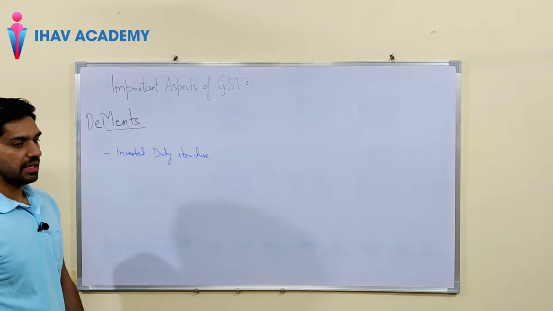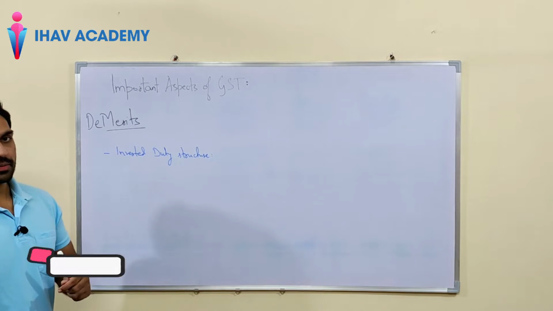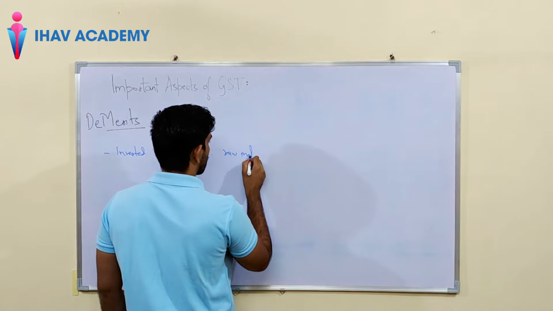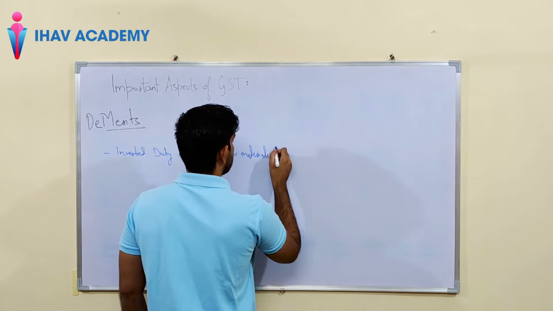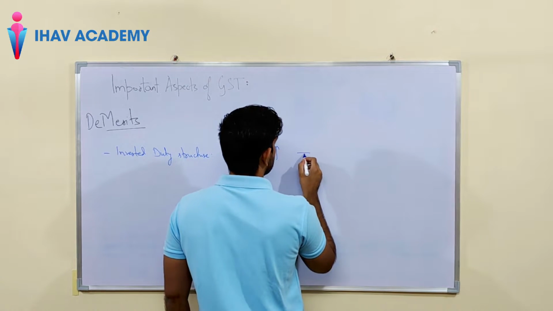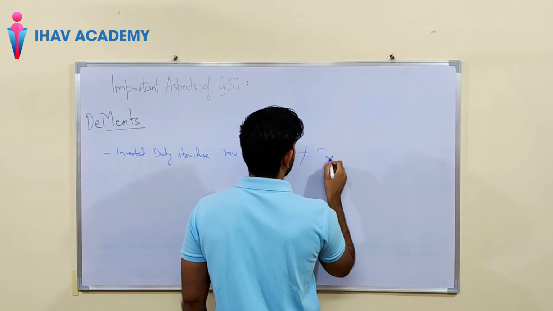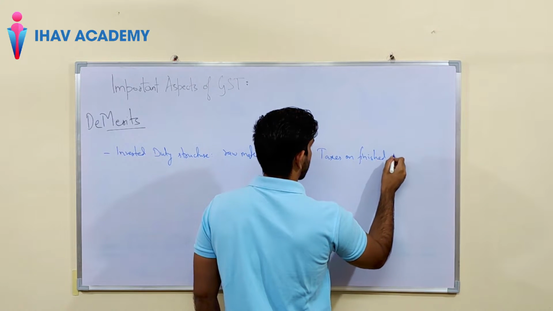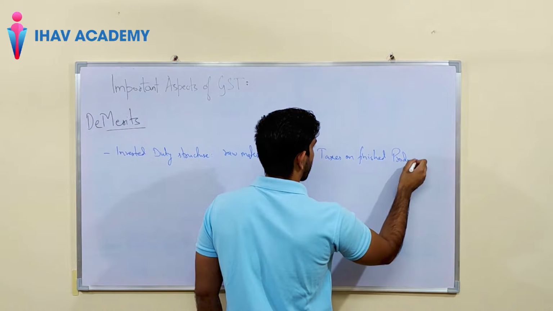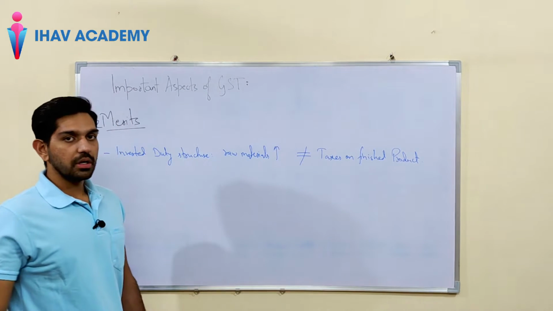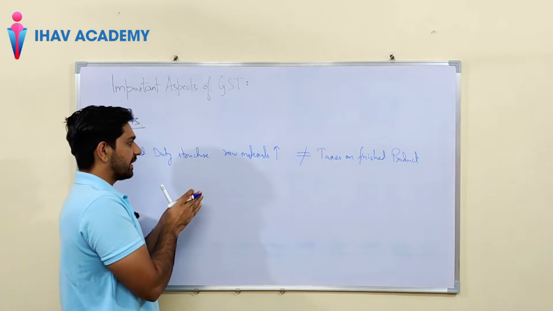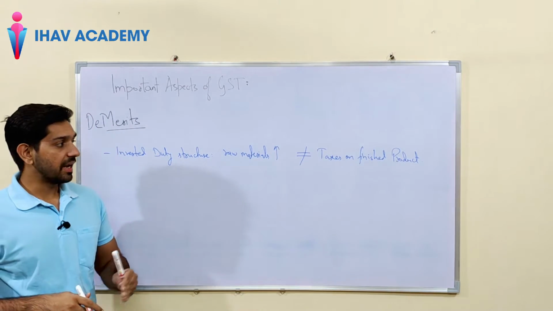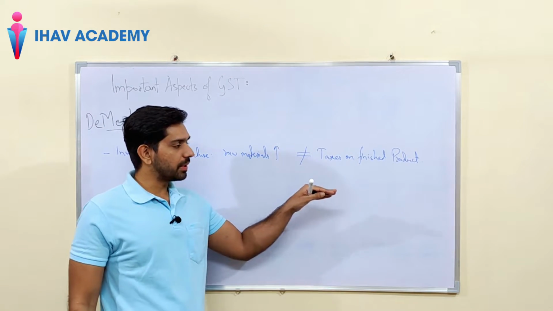This term is applied on the transactions on which taxes on raw materials is higher in comparison to the taxes on finished product. Ideally, it should be like this, that the taxes on raw materials should be low and the taxes on the finished product should be high.